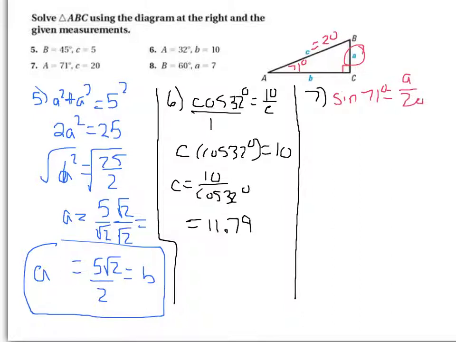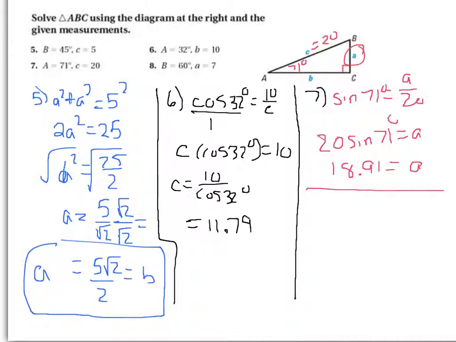Multiply by 20, so you get 20 times the sine of 71 equals A. So 20 sine 71, you get 18.91. So now you have A and C, you can use Pythagorean theorem to get B. Okay?